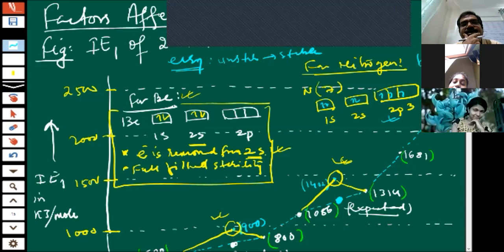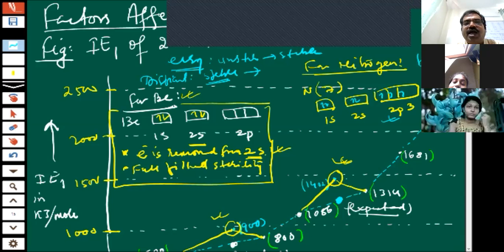Will he accept? No, sir. It will be a very difficult task. He will not accept. Because in the AC coach that person is stable and you are trying to make him unstable, children.